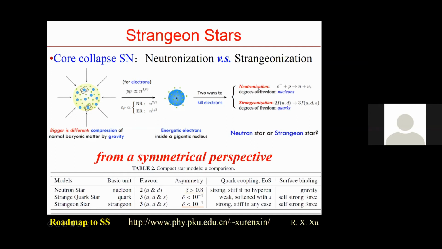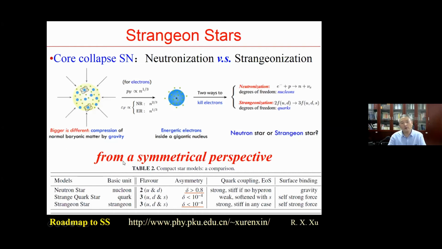For the two-flavor case, we have only neutronization, converting protons to neutrons, and we finally have a neutron star. But there could be another way. Quarks are all still localized in a nucleon-like particle we call Strangeon. So Strangeonization is very similar to neutronization, but only from two flavors to three flavors.